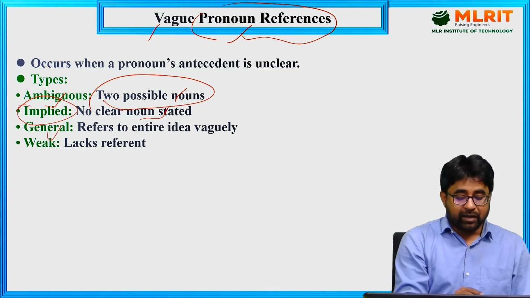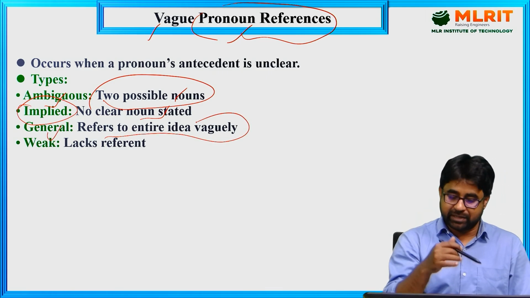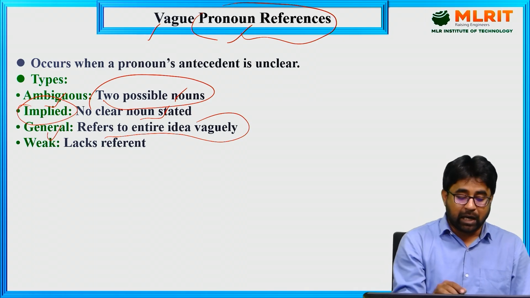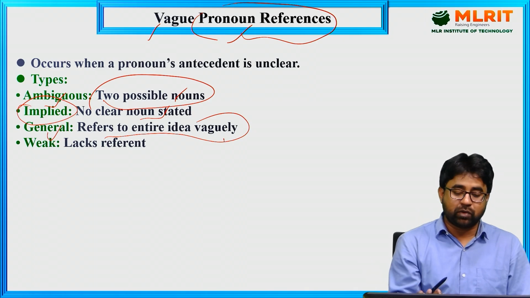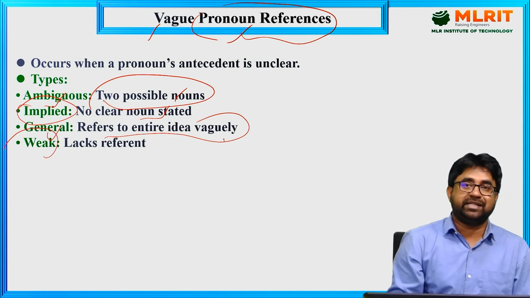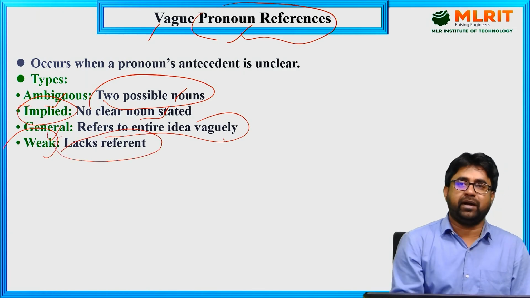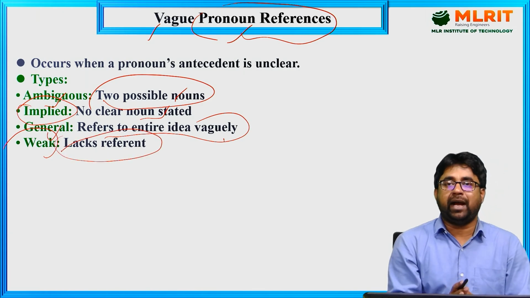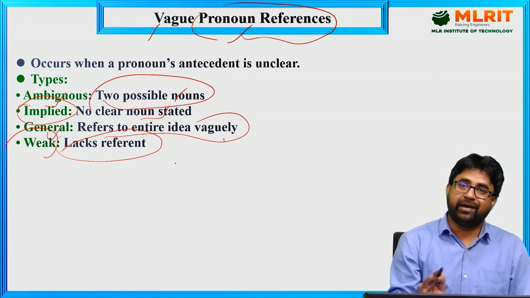General refers to an entire idea. Instead of referring to a particular noun, which a pronoun should do, the pronoun sometimes refers to the entire idea or phrase. That is also a wrong usage of a pronoun. And then weak reference. Sometimes the reference would be too weak, or there will be a lack of reference. You won't be able to find which noun the pronoun is referring to.